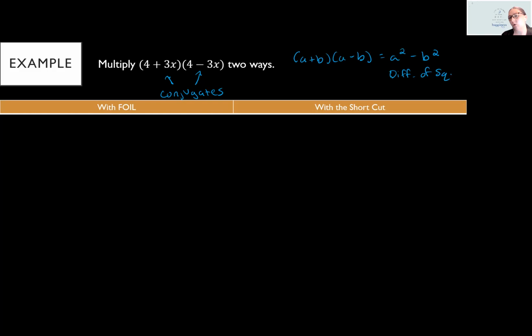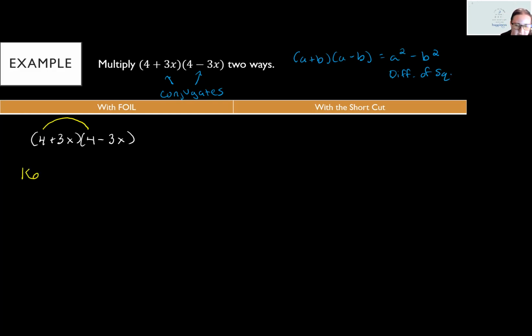First, we're going to do this with FOIL so that you can see what is actually going on. So we have 4 plus 3x, and then 4 minus 3x. With FOIL, you multiply the first things together. So that's your 4 times 4.